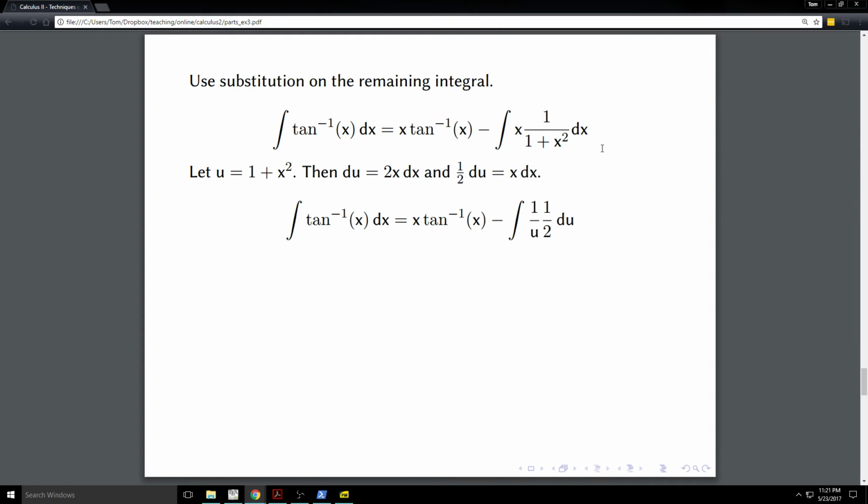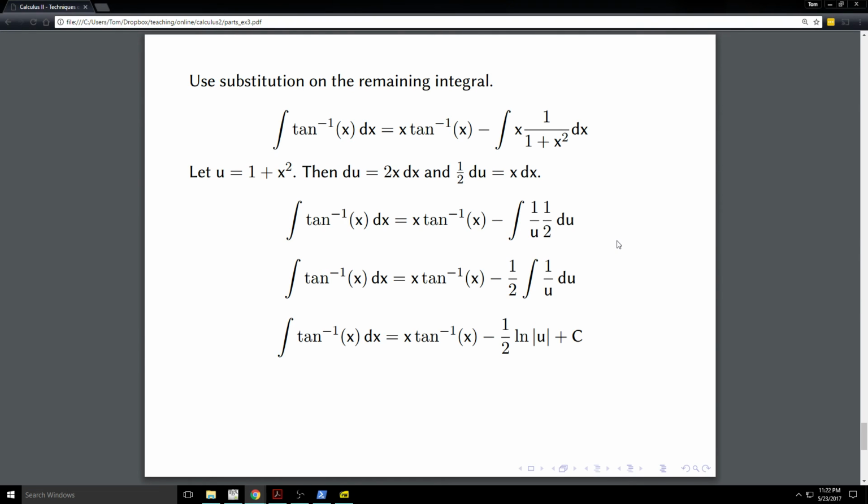So I would go ahead and make the substitution. The 1 over 1 plus x squared becomes 1 over u, and the x dx becomes 1/2 du. And then use the constant multiple rule to pull the 1/2 out. And I have the integral of 1 over u du, and that is just the natural log of the absolute value of u.